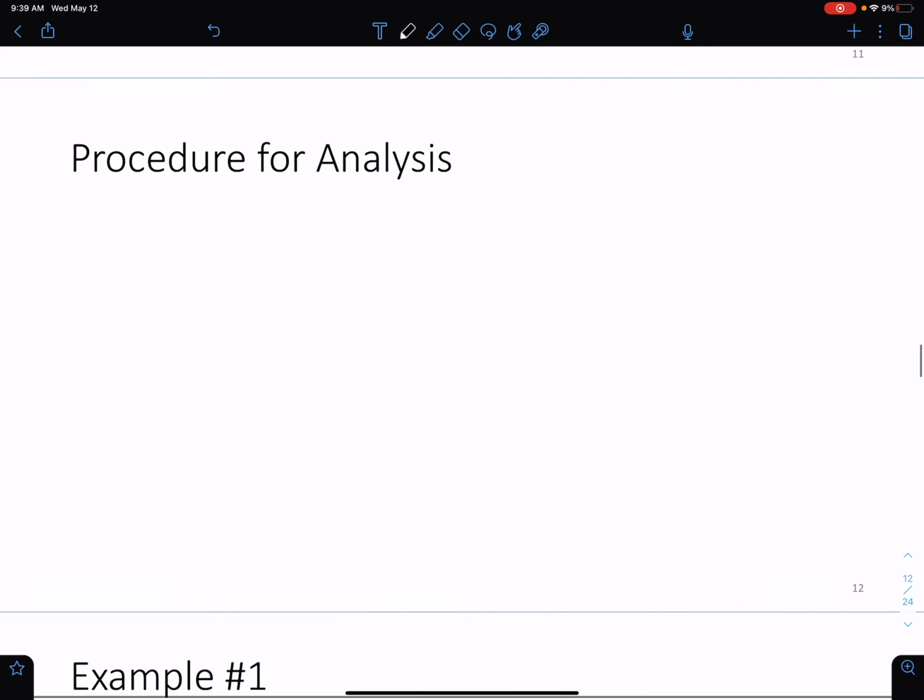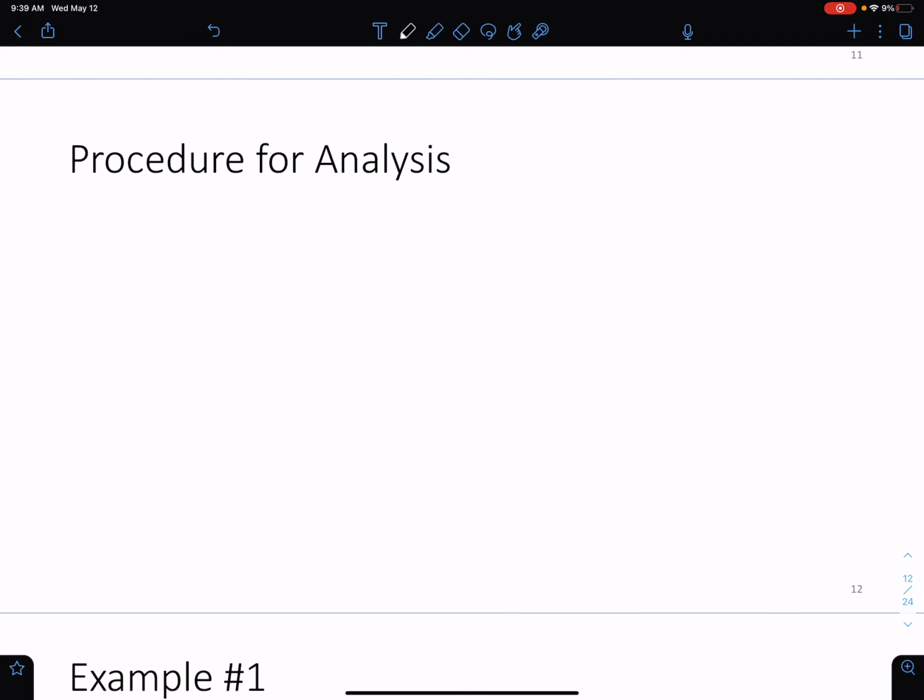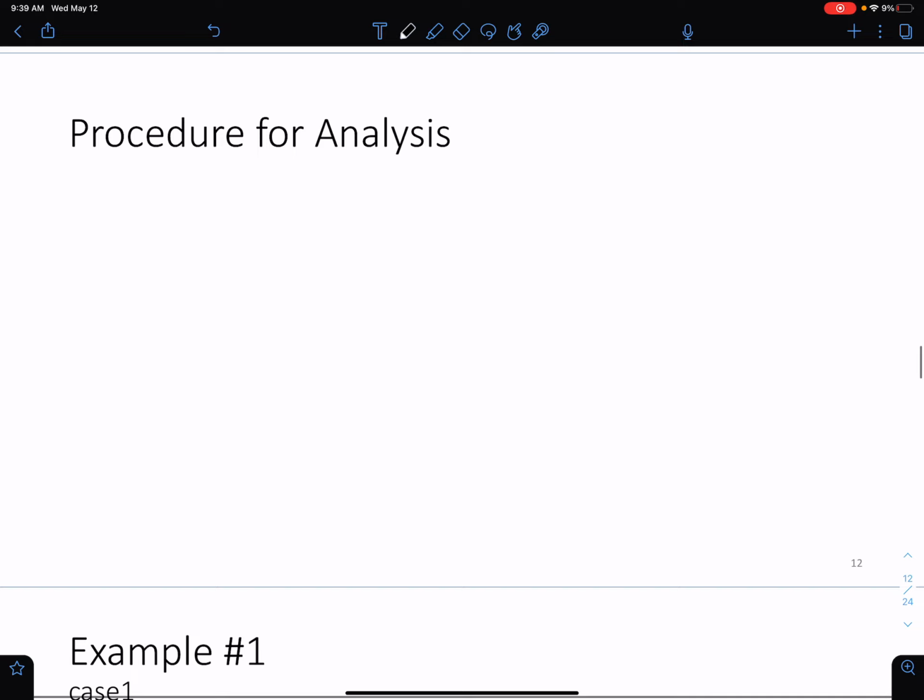So let's talk about the procedure for analysis. In most cases, we can determine our moment of inertia by using a single integration. So this is the procedure for moment of inertia and everything we're talking about so far. In most cases, we can use a single integration, and we have two ways of analysis.